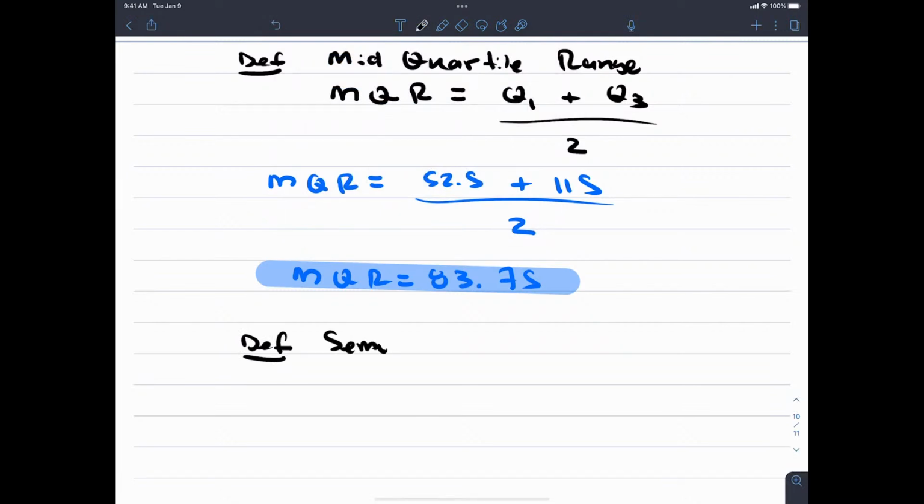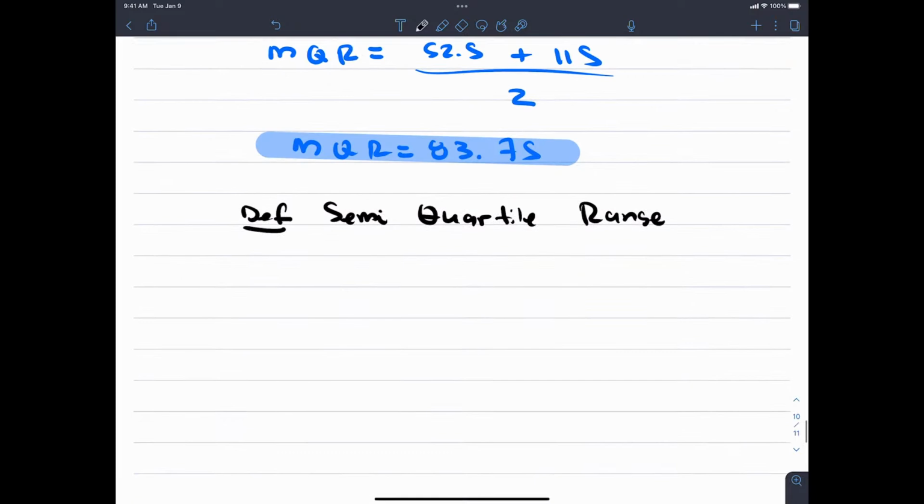Definition of the semi-quartile range, which we abbreviate SQR. Well, that's half of the mid-quartile range.